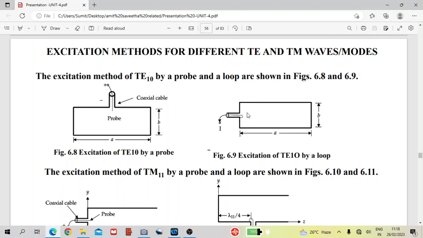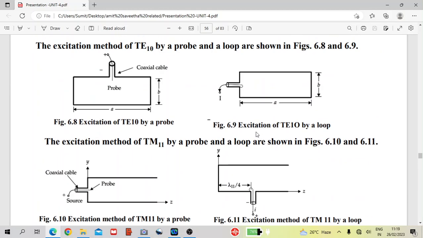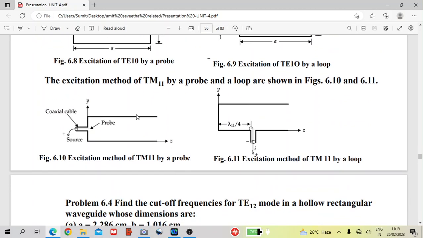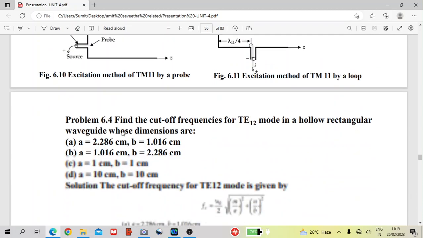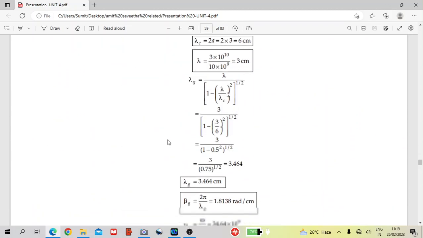You can see one loop is here. So the probe is an E field detector, the loop is an H field detector, because when an H field crosses the loop, then current flows through it. So that is the thing, the loop is an H field detector. So this is the probe and this is the loop, TM11 mode. These are the different methods of excitation.